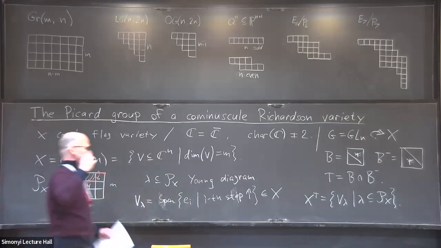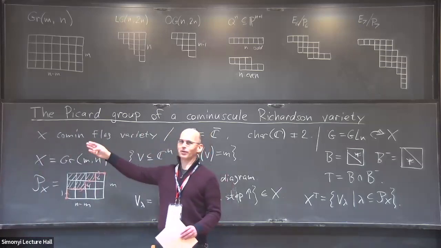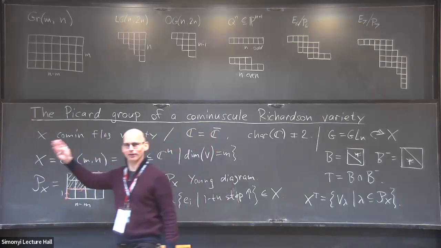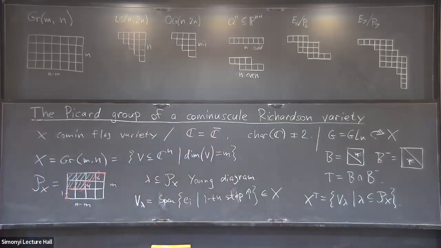No matter what anybody tells you, right, this is the one and only canonical, perfect notation for Schubert varieties. This notation is set up so that the dimension of X_lambda is the same as the codimension of X^lambda, which is the weight of lambda. That's just the number of boxes in the Young diagram.